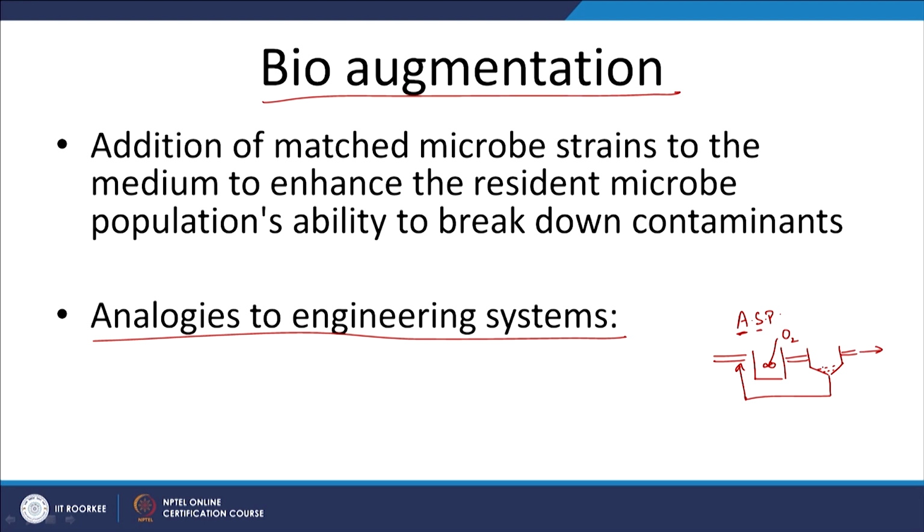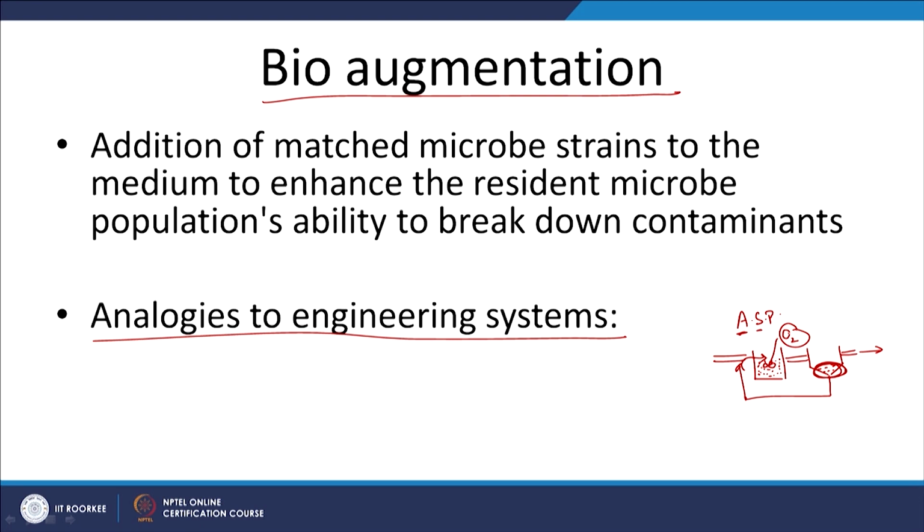So what is happening here? This sludge contains the relevant microbes, and these microbes are recycled into the system, such that you have a relatively high concentration of the microbes which can degrade your waste, and oxygen is your electron acceptor. So you can think of these as analogies, right.